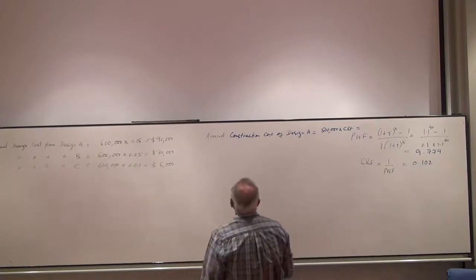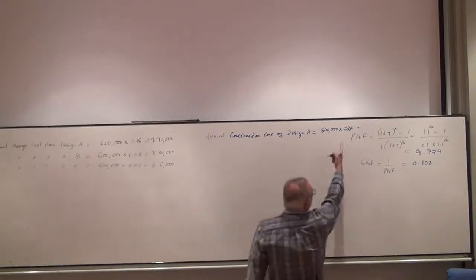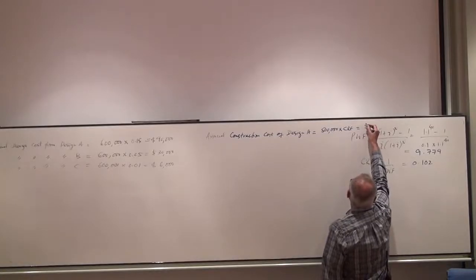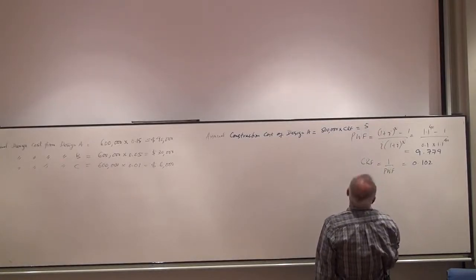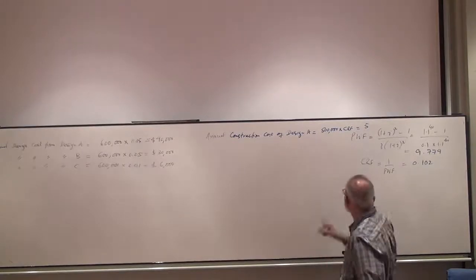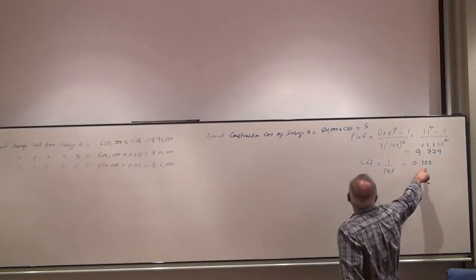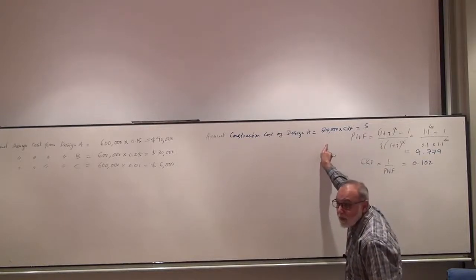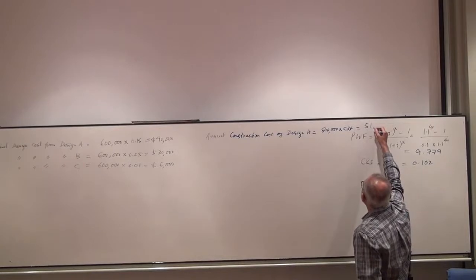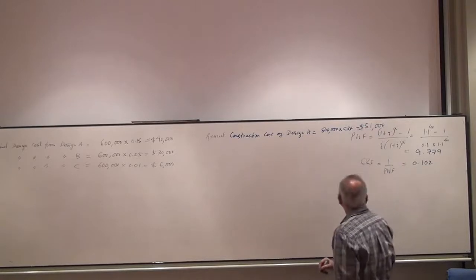All right. So the annual construction cost, when you multiply by the capital recovery factor, 500,000 multiplied by 0.102, is about 51,000.